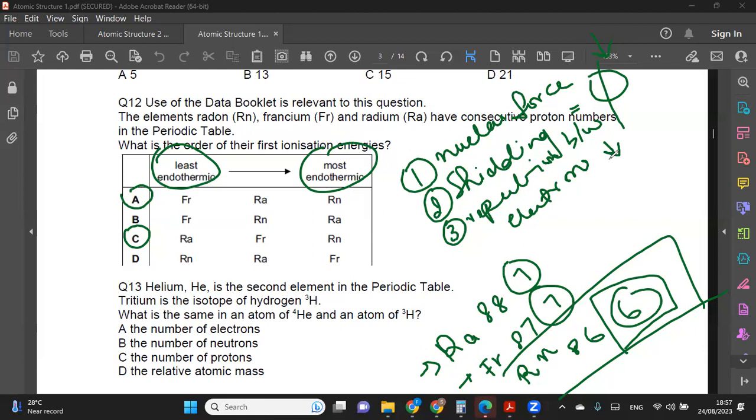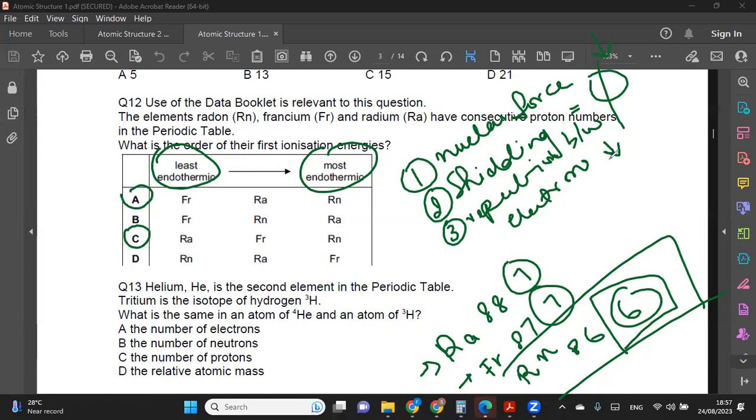Think of it this way: the stronger the nuclear force, the more energy I have to put in to take the electron away. The less the nuclear force, the less attraction, the less energy I have to put in. The more protons I have, the stronger my nucleus will be and the more energy I have to give. So between francium and radium, francium has fewer protons, which means the nuclear force is less.